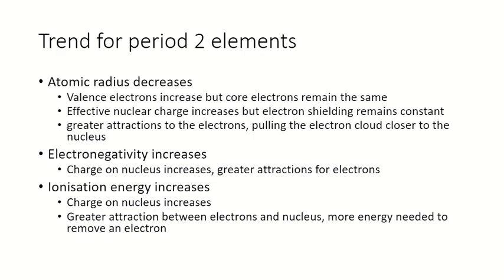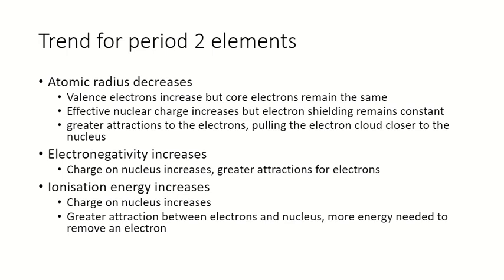So this is the trend for the period 2 elements. So firstly, for period 2 elements, the atomic radius decreases across the period, meaning as the element moves from left to right across the periodic table, the atomic radius decreases. So this is because the valence electrons of the element increase, however the core electrons still remain the same.